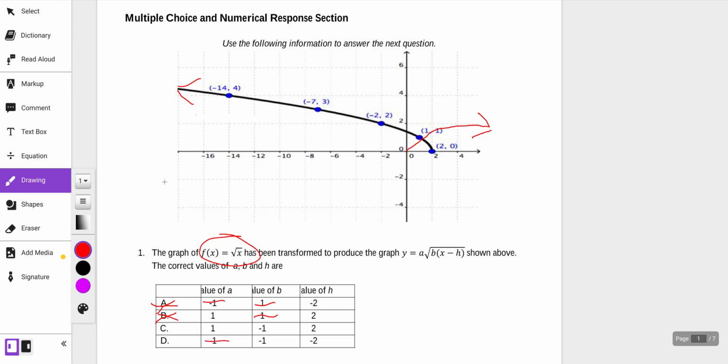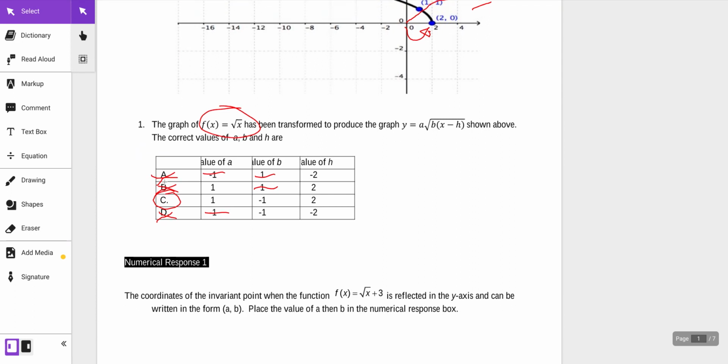Right off the bat, I've got it down to the answer must be C. Talking about the H value, my H value would be translating left or right. My starting point should have been at 0, 0, even after a reflection, and then it moved over to 2, 0. That's 2 units to the right, so my H value must have been 2. So number 1, the answer is C.